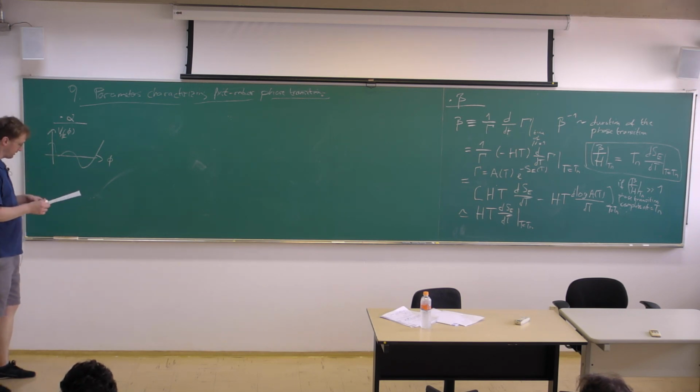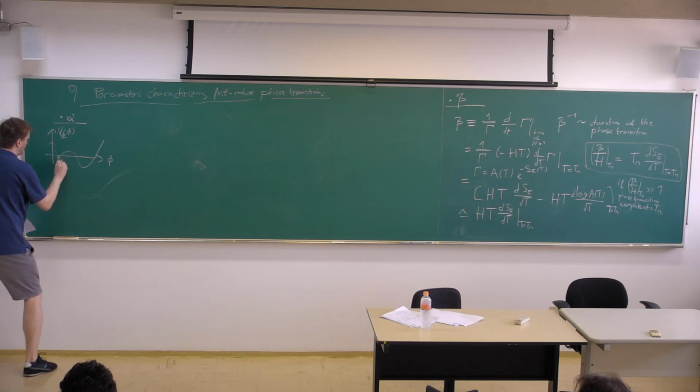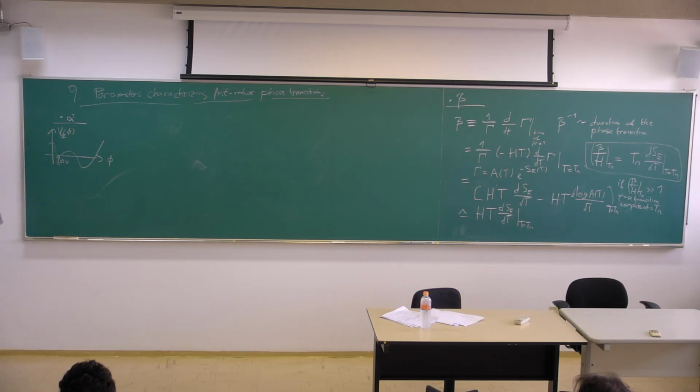So let's calculate this. We call this delta V. As I mentioned before, the effective potential is the free energy, so this is the free energy difference between the two. What we are interested in really is the energy density difference, so we have to change this.